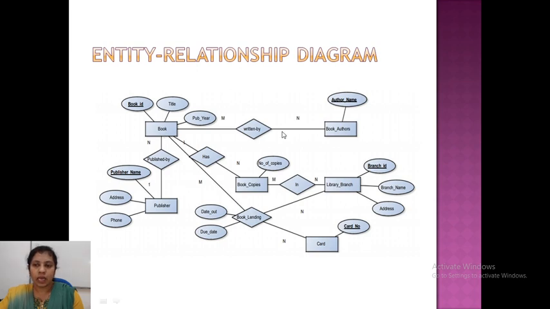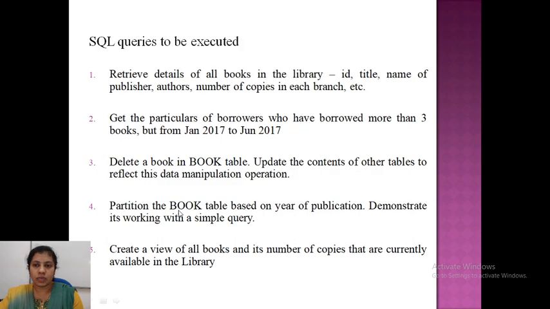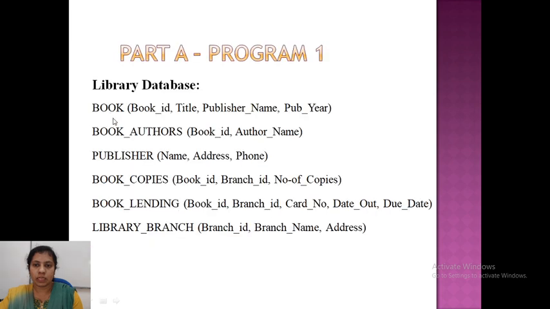We know we have the different tables which are given here, like book authors, publisher, copies, lending and library branch. Now when you're drawing the ER diagram, first you just see which word represents the noun. So here book, authors, publisher, the copies and branch.